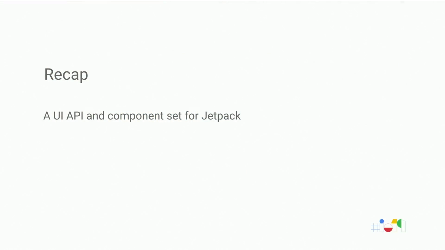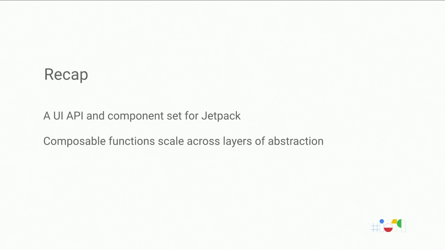All right, so let's go back to some of our goals from the beginning that we listed. Did we actually meet some of those goals? And I think we did. In order to meet our unbundling goals, we're open sourcing a new UI API and component set for Jetpack. We've offered composable functions that scale across these layers of abstraction.